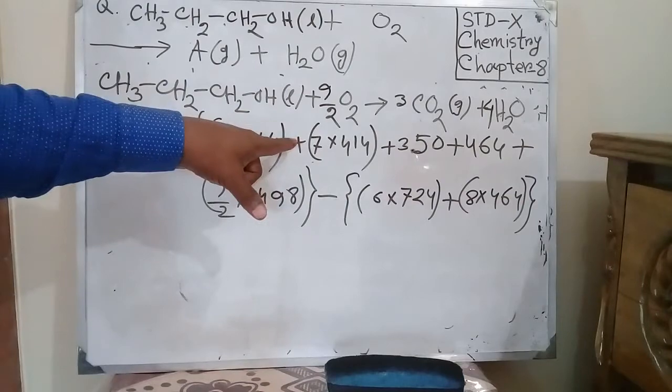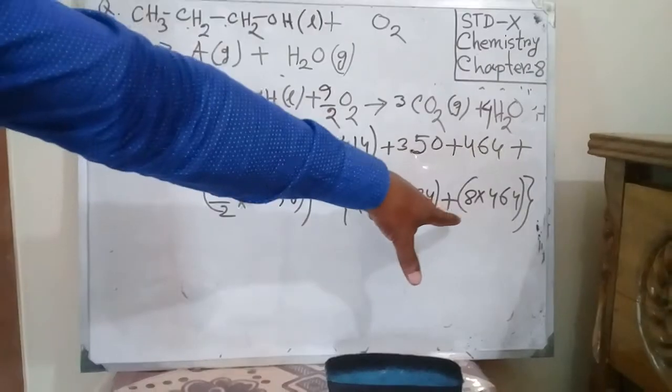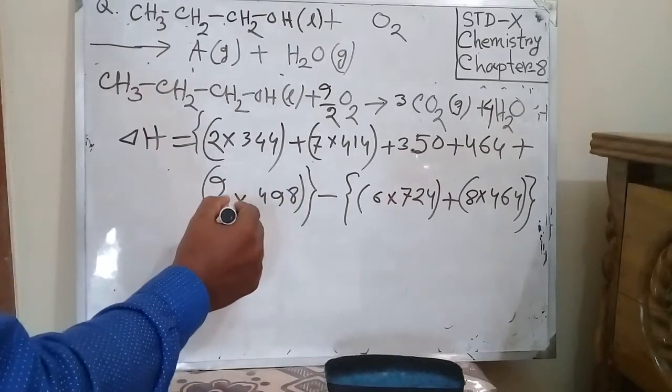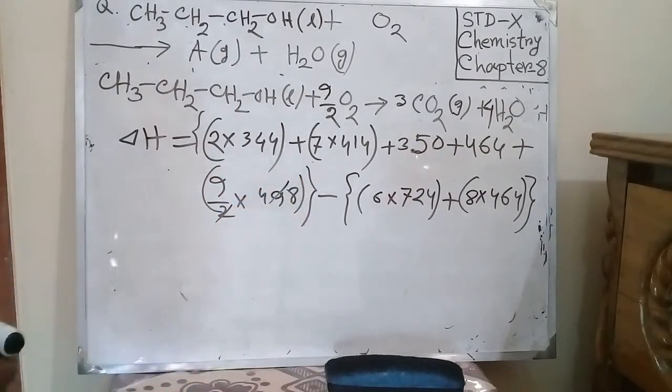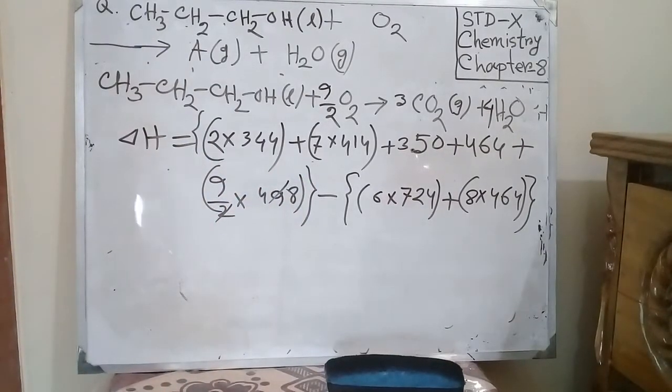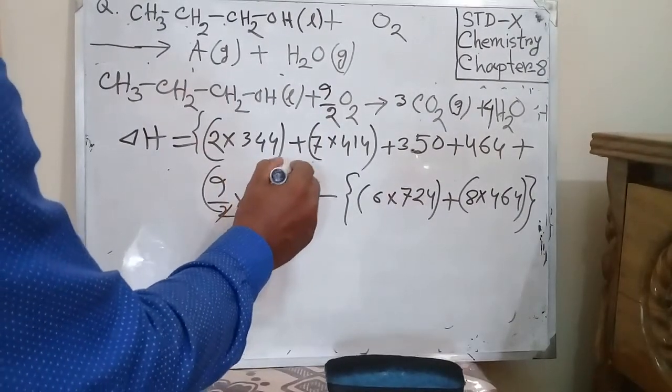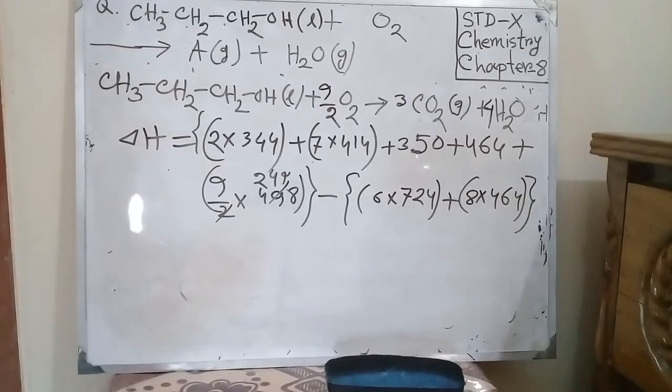I have written the total bond energy of reactants and the total bond energy of products. Now we can divide 498 by 2, we get 249.